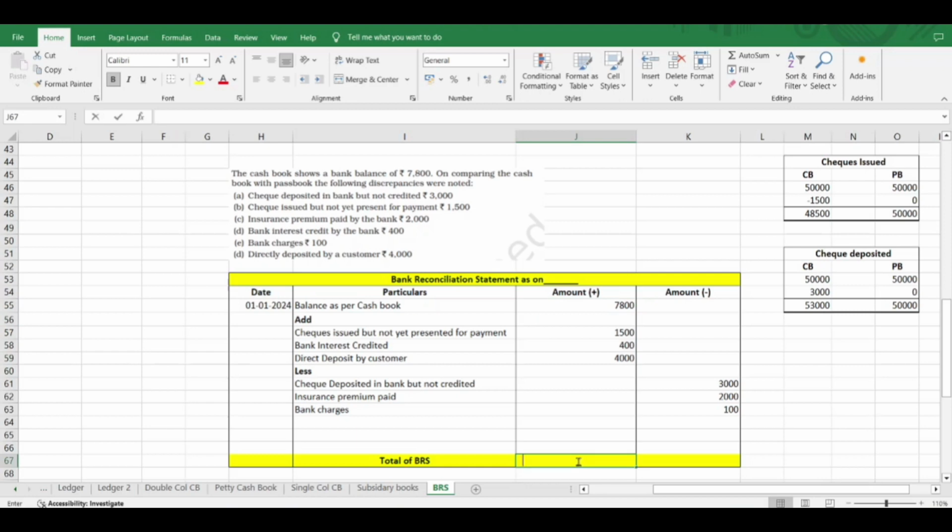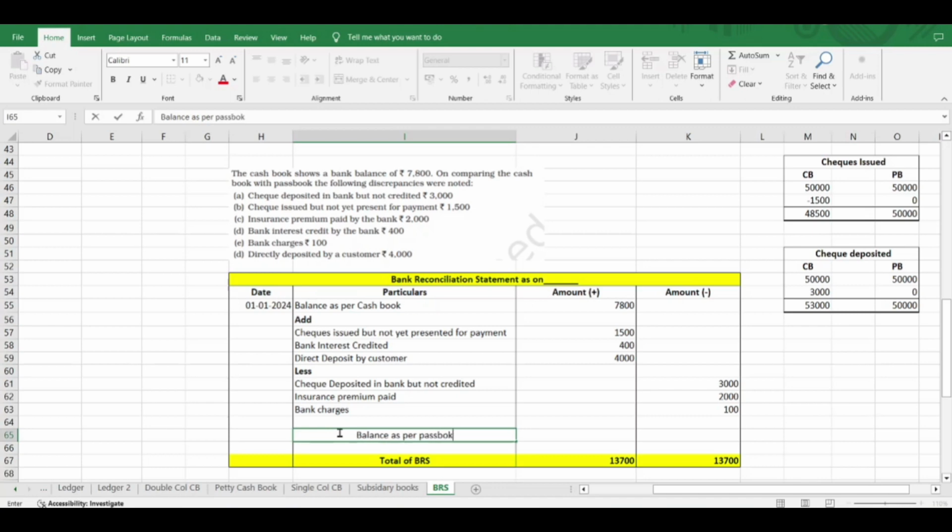The total of our debit column is 13,700. The total of our credit column is 5,100. So we reconcile here the balance as per passbook, that is 13,700 minus 5,100, which is 8,600. This is our balance as per passbook.